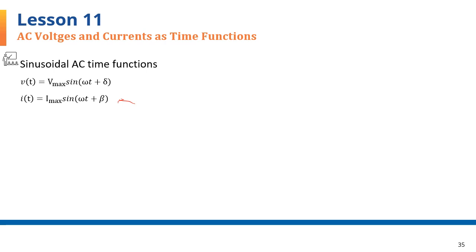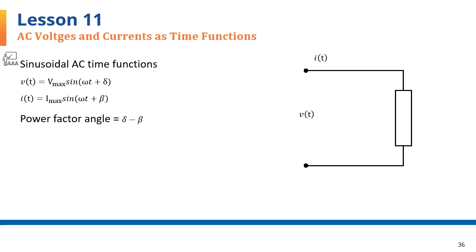If the voltage above represents the voltage across an AC load, and the current here represents the current through the load, such as seen on the next slide figure, I through and voltage across, then the difference between the phase angles that's shown here, delta minus beta, is called the power factor angle, and it has a direct role in determining the load power, which will be discussed in a future lesson.